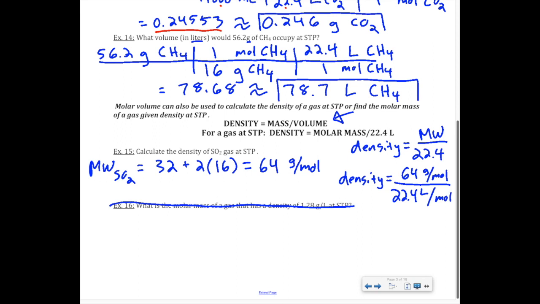So if you look at the units right here, we've got 64 grams per mole and 22.4 liters per mole. Well, those per moles are actually kind of unnecessary. So what I can do is figure out that the density is 64 divided by 22.4 grams per liter, which is the unit for density.